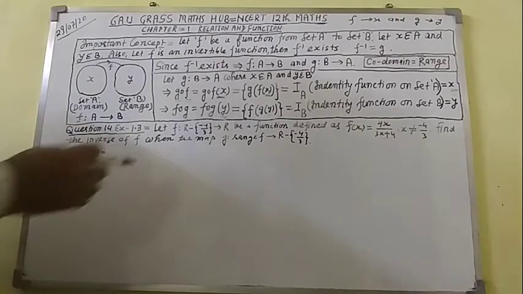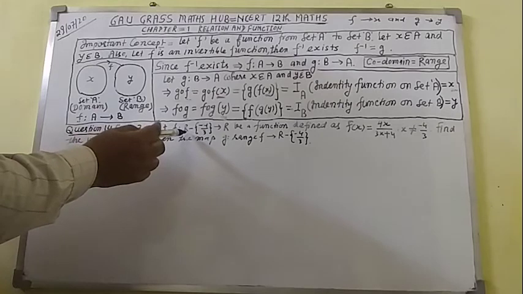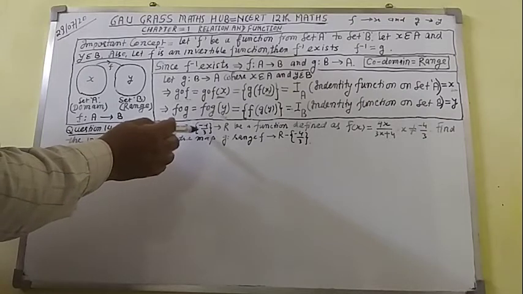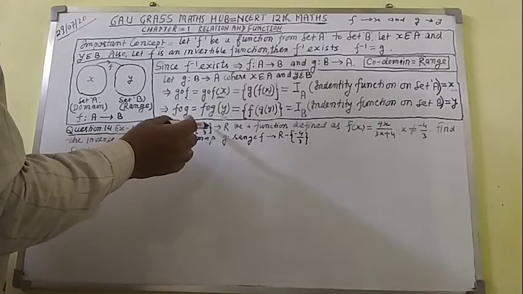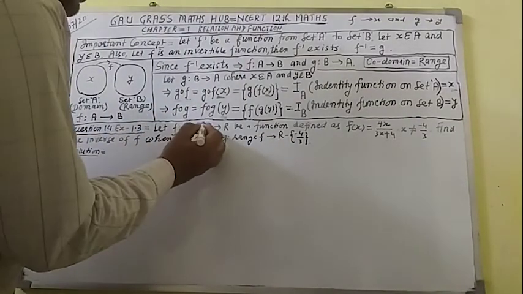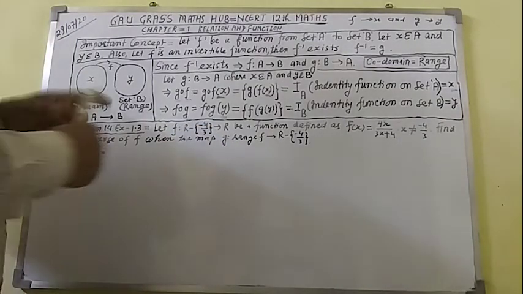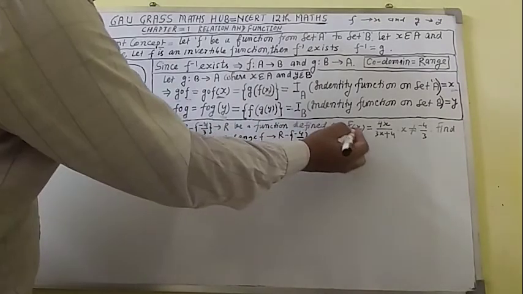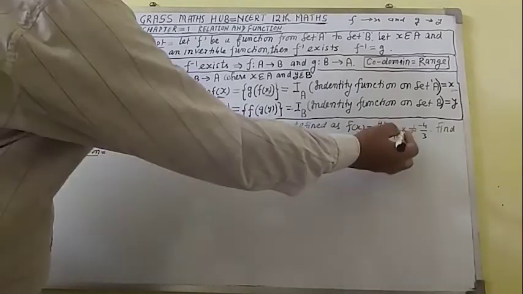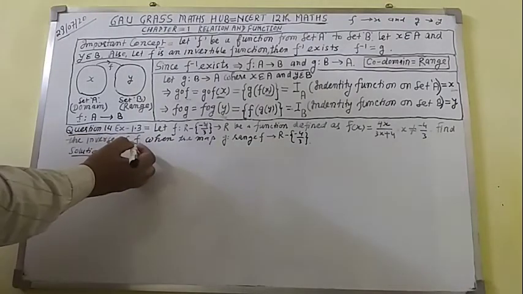Let f be a function from the set R minus {-4/3} to R, defined as f(x) = 4x over (3x + 4), where x is not equal to -4/3. Find the inverse of f.